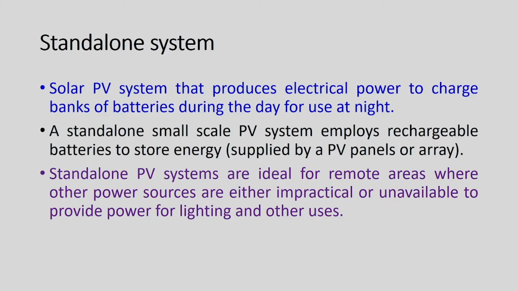A standalone small-scale PV system employs rechargeable batteries to store energy, which is supplied by PV panels or arrays. Standalone PV systems are ideal for remote areas where other power sources are either impractical or unavailable, to provide power for lighting and other uses.